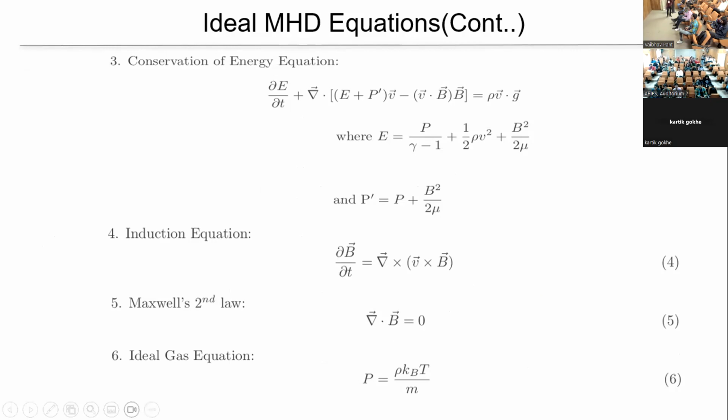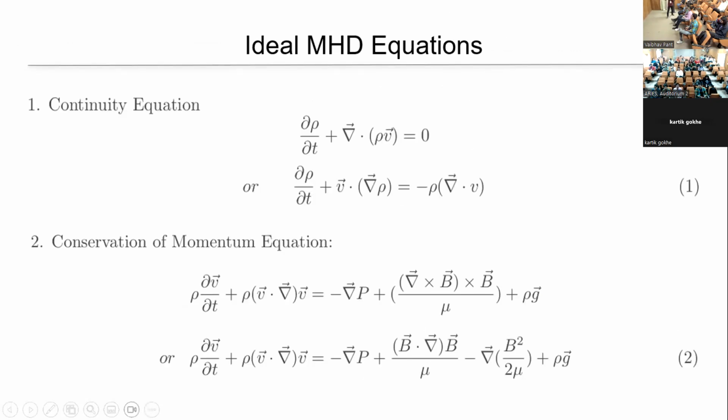We can expand the second term into two terms. This term represents the change in the density in the direction of V. This is the advective term, and this is the compressibility term.